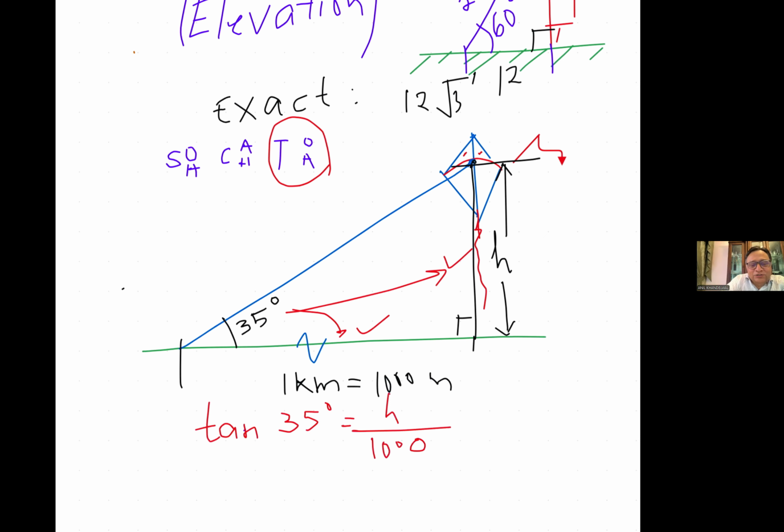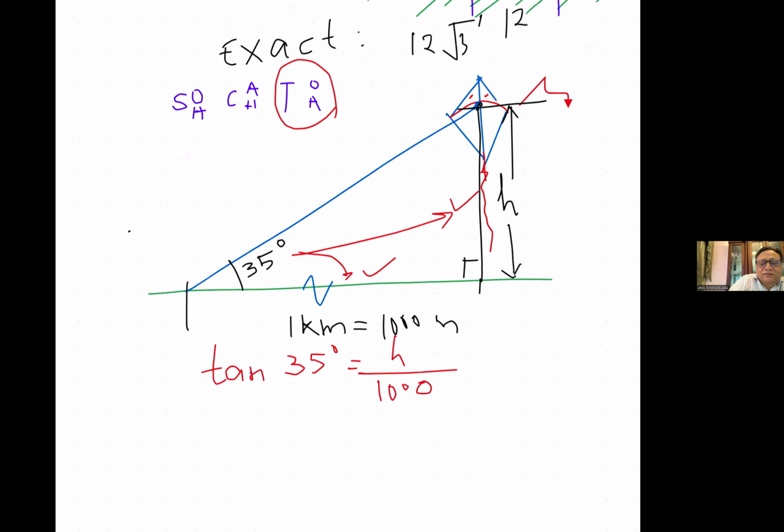Let me write that down because you are a learner. So it is opposite over adjacent, and then we will write that the opposite side is h and adjacent is 1,000 meters. So we are just splitting 1 kilometer into 1,000 meters.